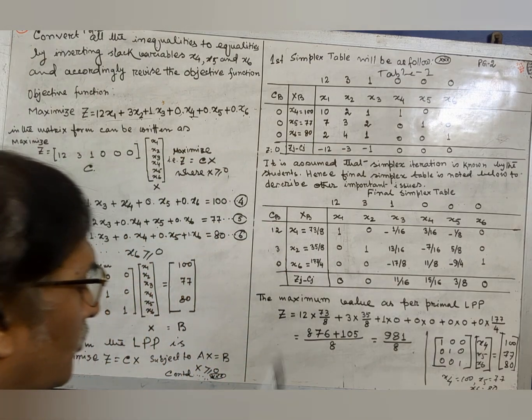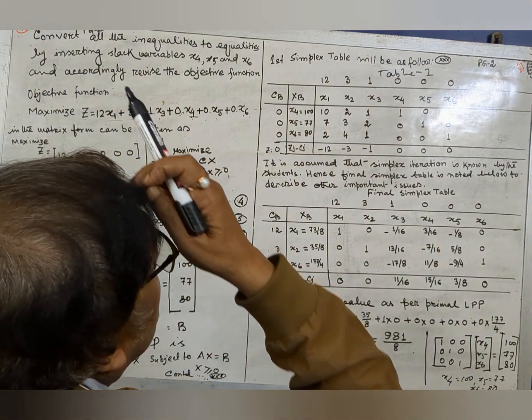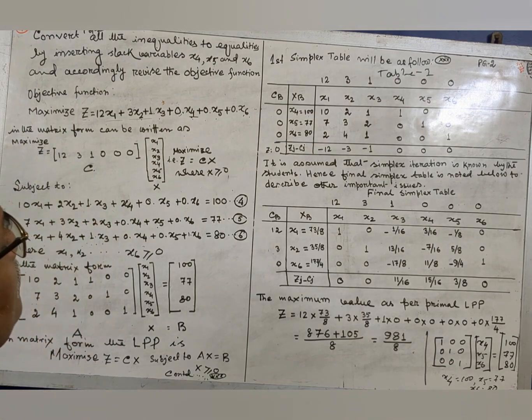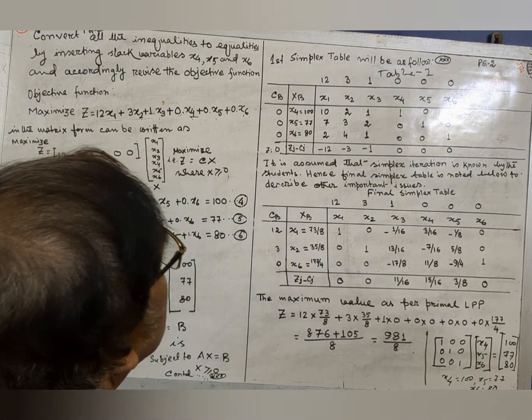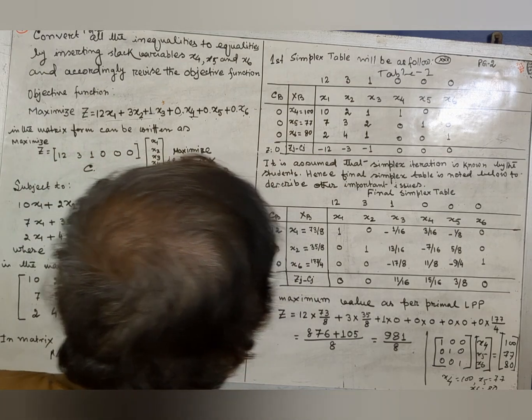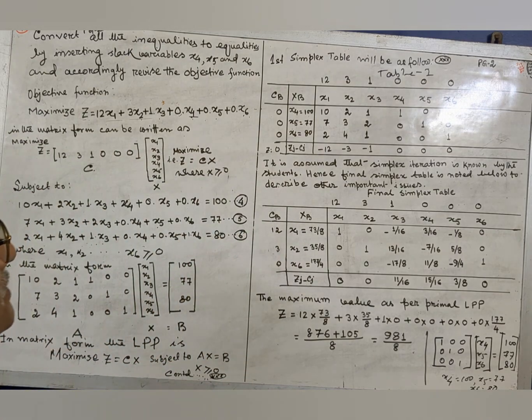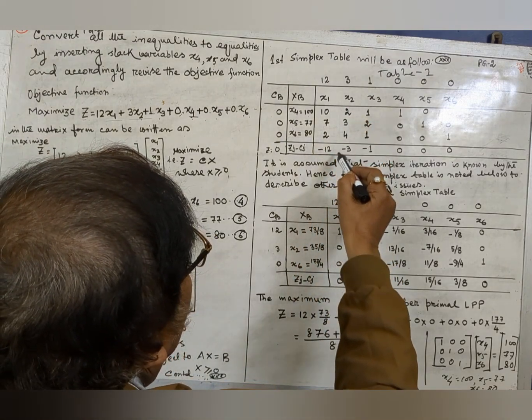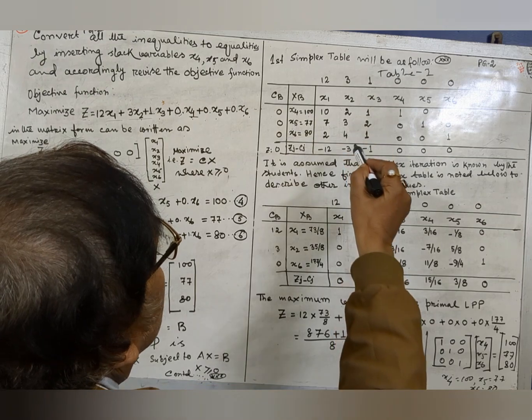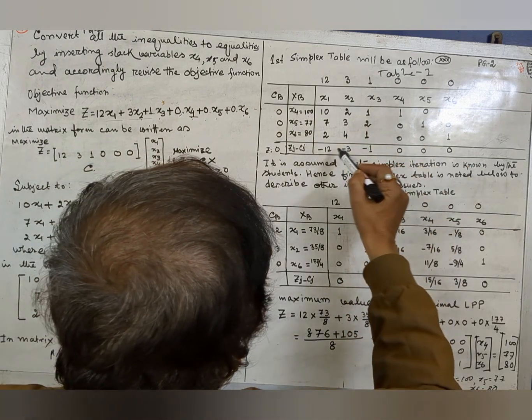Now we have to move forward for the best solution so that the objective function will be increased. Step by step we will increase it and solve by the simplex table. For that, we have to do simplex iteration.